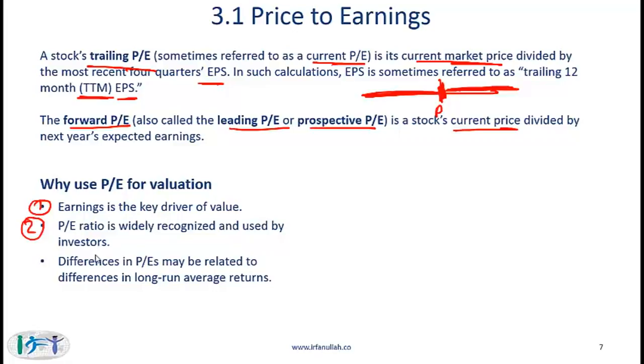In fact, if you look at sell-side research reports on several companies, one of the most commonly referenced multiples is the PE ratio. So it is widely used in the industry. And three, differences in PEs may be related to differences in long-run average returns. This connects with a reading you did at level 1, a reading in equity on anomalies.